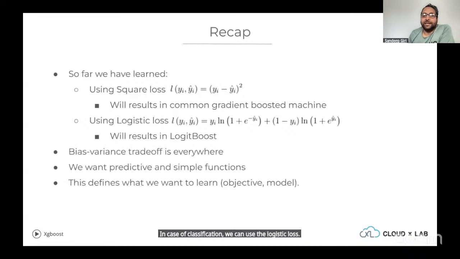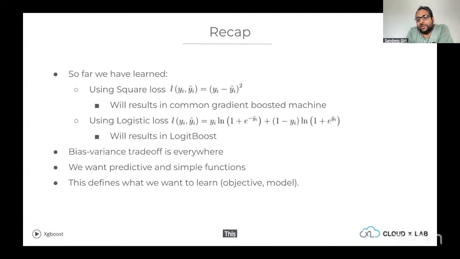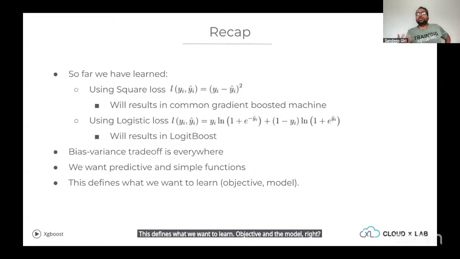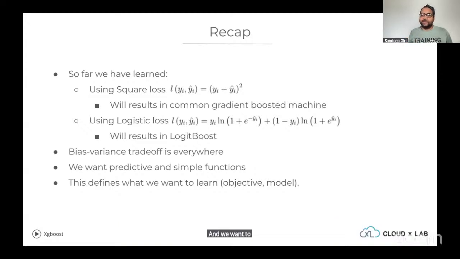And the bias-variance trade-off is everywhere. We want the predicted functions to be simpler rather than too complex. This defines what we want to learn, the objective and the model. Based on the objective, we want to learn a model which is simple, should not memorize everything, and is learned based on a certain loss.